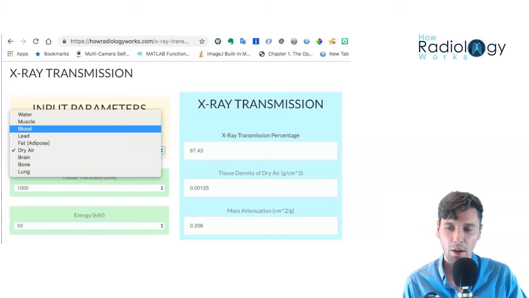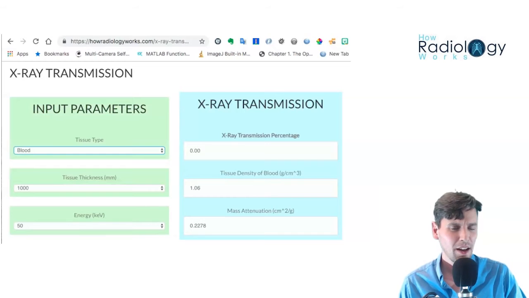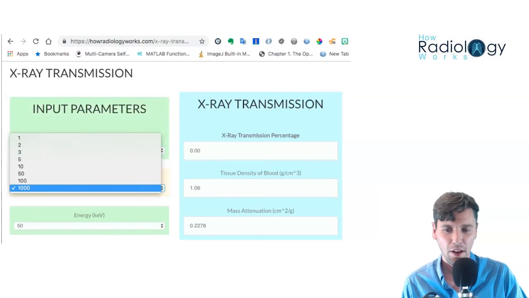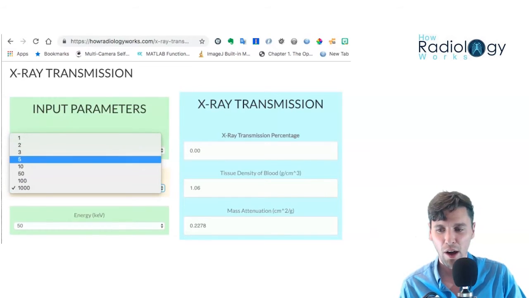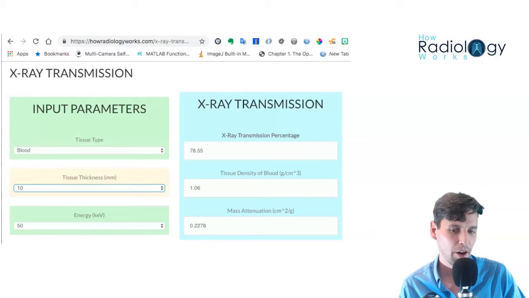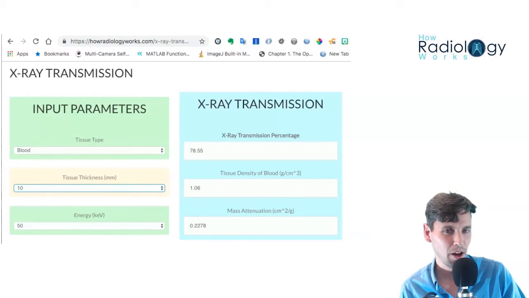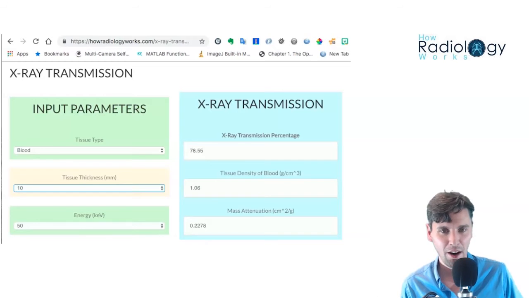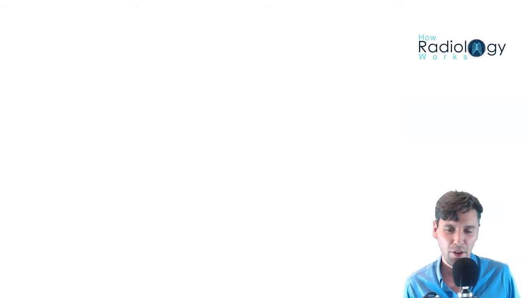And just go through and see how different is blood from water, how different is blood from air, and just play around and get a sense for yourself of the relationship between these different materials, and also look at that as a function of energy.